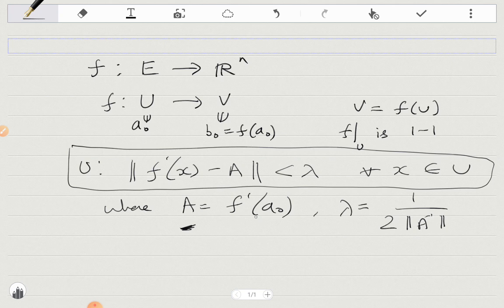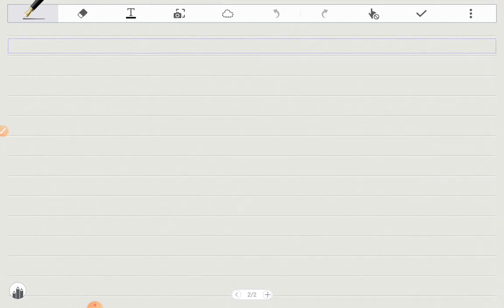So the hope is that since we know A is invertible, and f prime is close to A, we would want to say that f prime x is invertible as well. Then we will be able to take its inverse and prove the differentiability of G, which is f inverse. So let's do a small linear algebra lemma first.